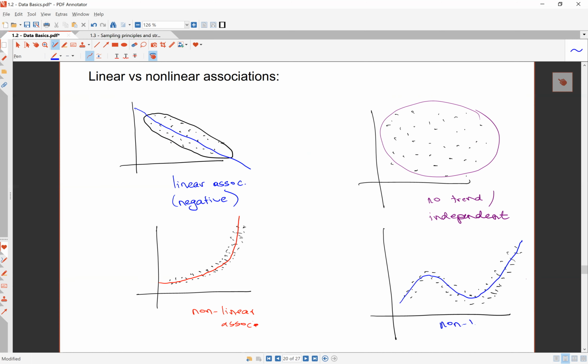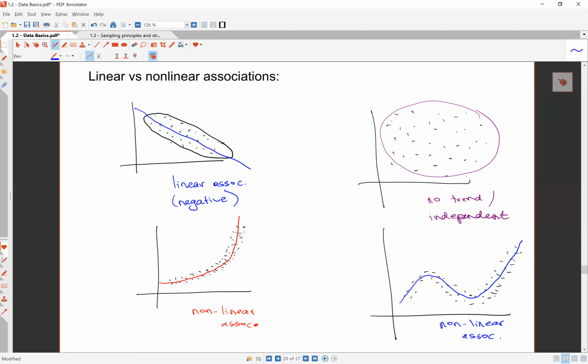So there's another nonlinear association. And in both of these cases, bottom left and bottom right, those are fairly strong associations because the points cluster close to that trend line. So even when it's nonlinear, you can still have a strong trend.